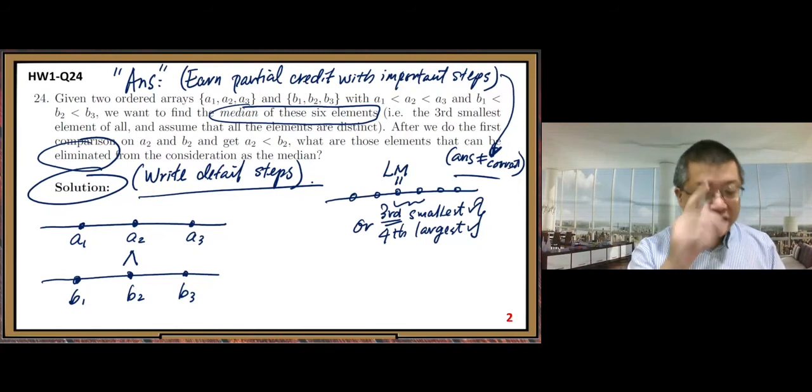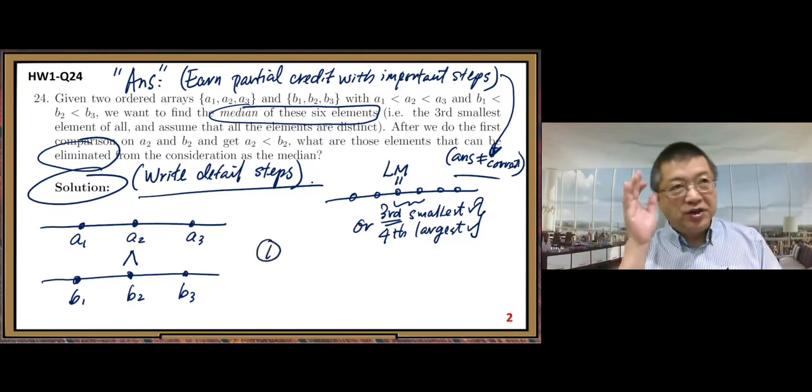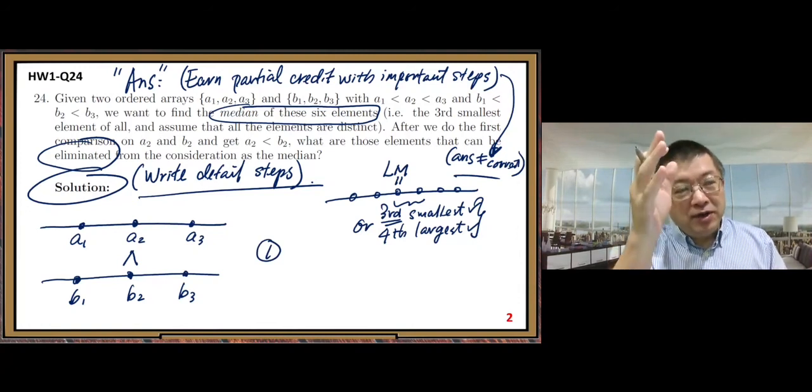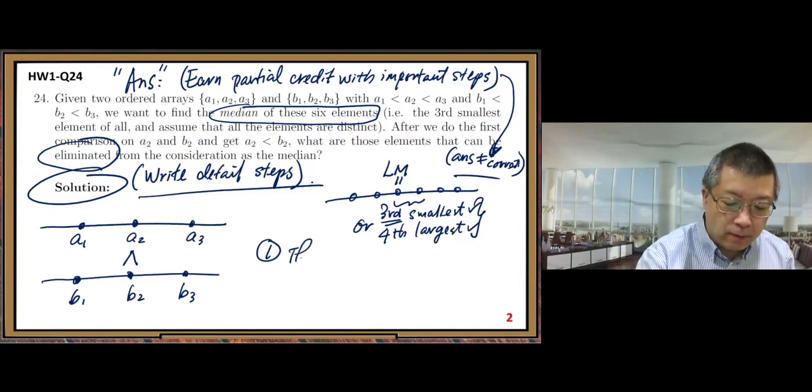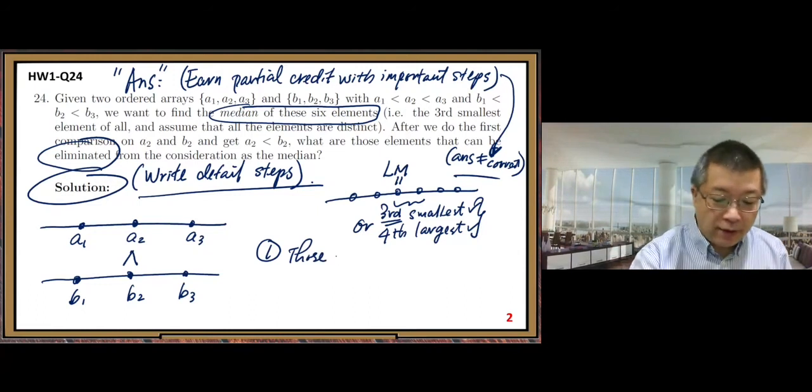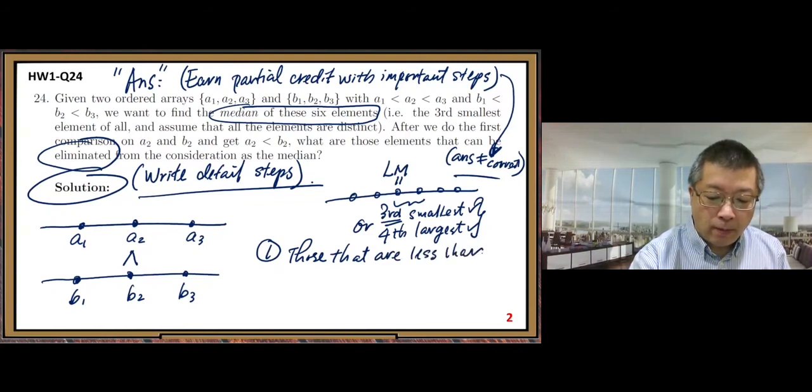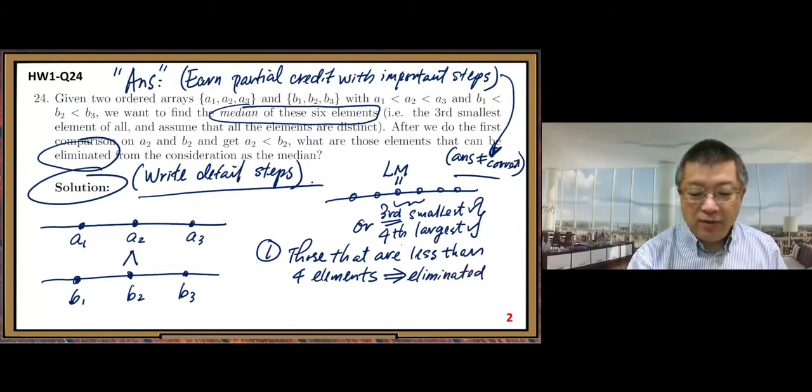More specifically, the first part, we try to eliminate those elements that are less than 4 elements can be eliminated, right? Because less than 4 elements, that cannot be fourth largest, right?